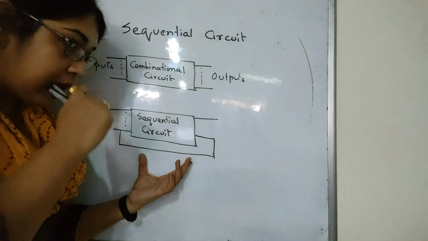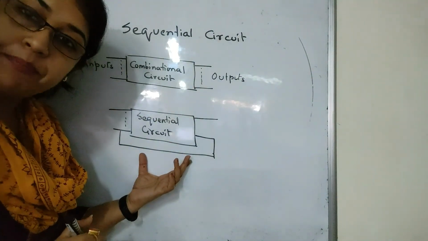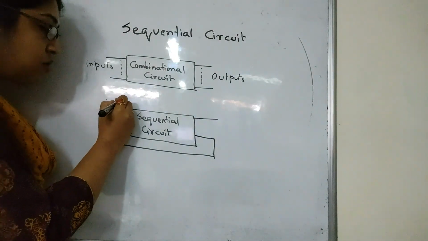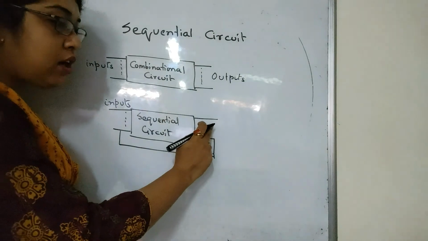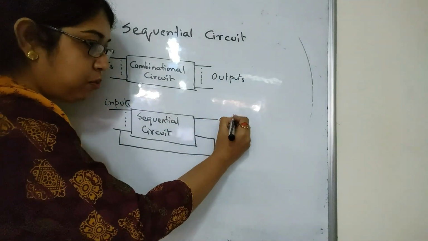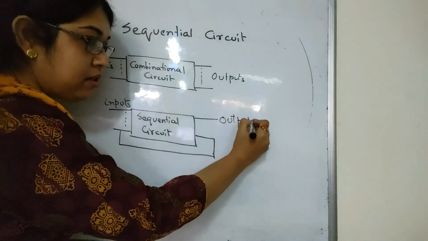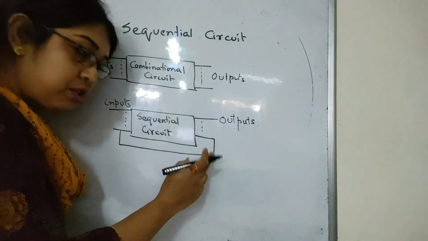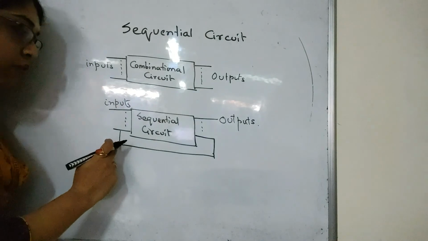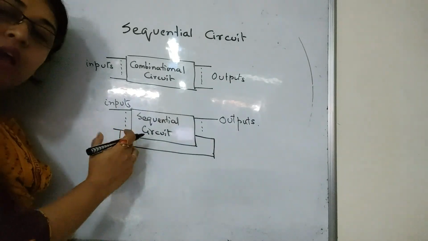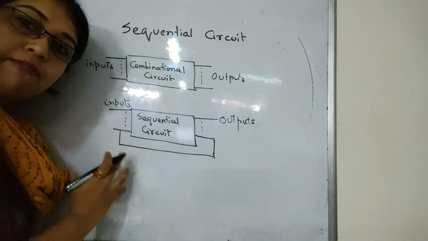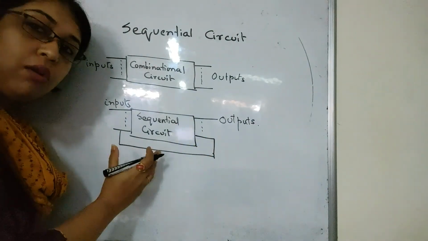Whereas this is the diagram for a sequential circuit. In a sequential circuit, we have a set of inputs which give us outputs, but some of these outputs can be fed back as another input.